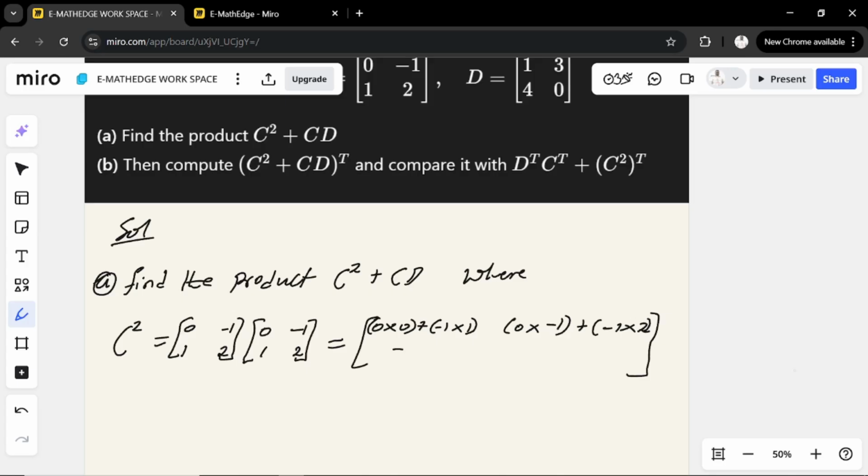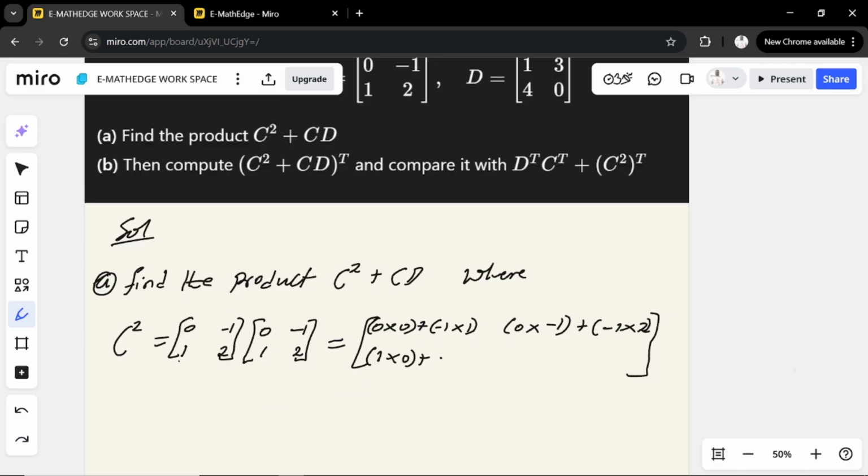Now for the element in the second row, first column, we are going to take the elements in the second row, which is 1 and 2, multiplying the elements in the first column of the second matrix, which is 0 and 1. So we are going to have 1 multiplied by 0 plus 2 multiplying 1.